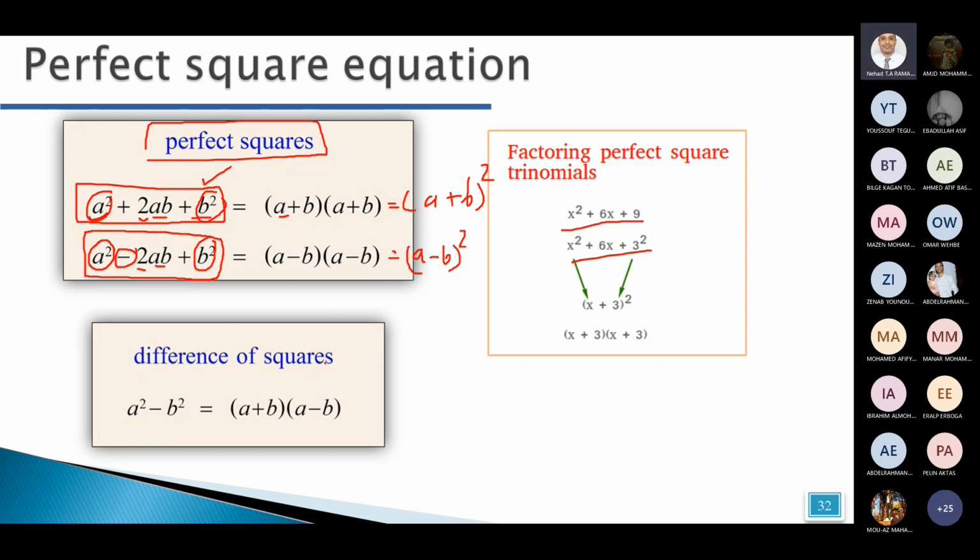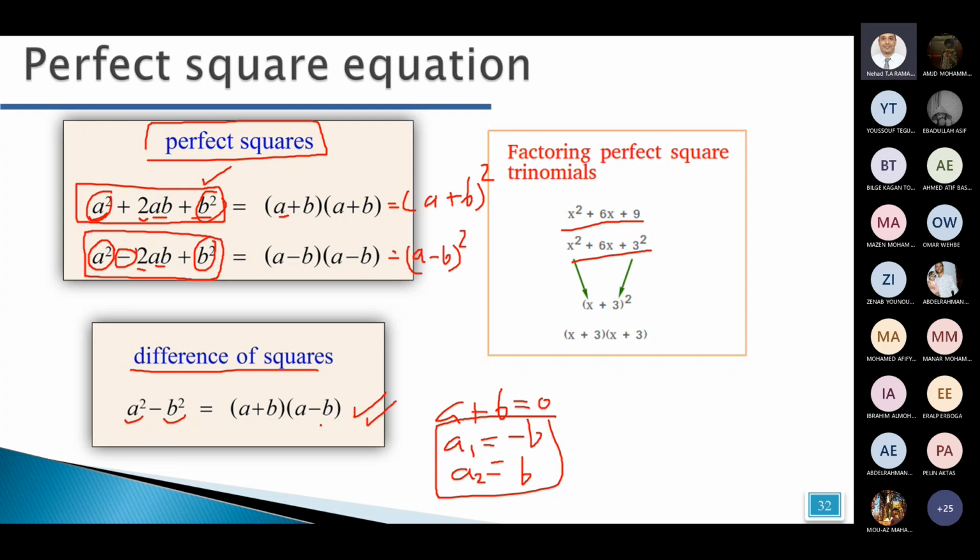Also we have the difference of squares. If we have A squared minus B squared, it equals A plus B multiplied by A minus B. Then A plus B equals 0 means A equals minus B, and A minus B equals 0 means A equals B. So we have two solutions: A1 equals minus B, and A2 equals B. B could be any number, maybe 10, 5, or something like this.